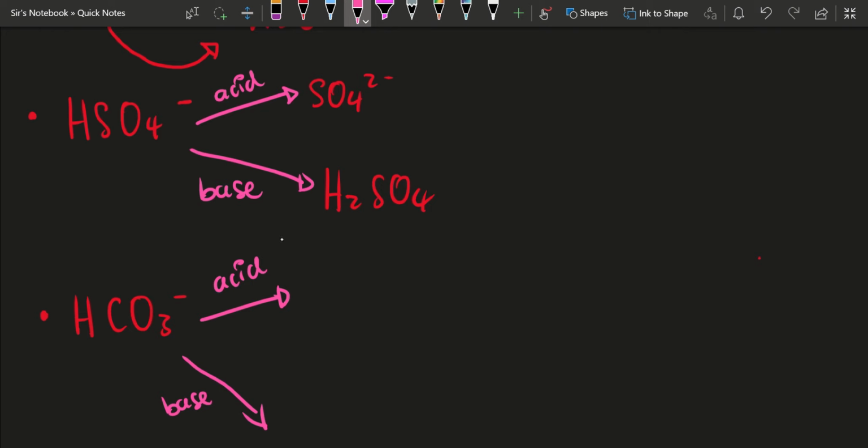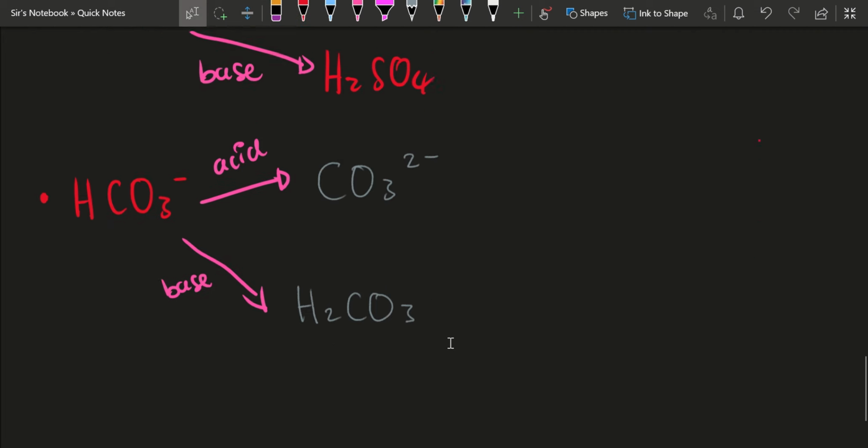Remember, what is an acid? A proton donor. So when it acts as an acid, it gives away a proton and forms CO3 2 minus, right? Similarly, when it acts as a base, it forms H2CO3, right? So if you could think of a typical example of how this actually works.